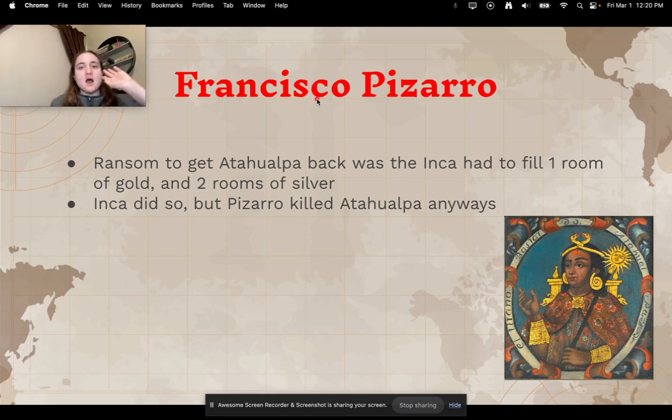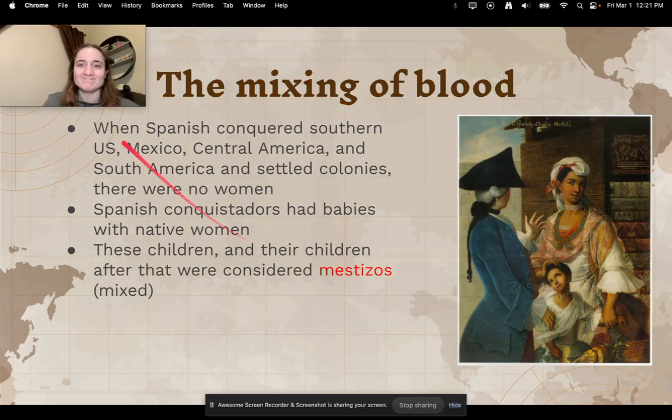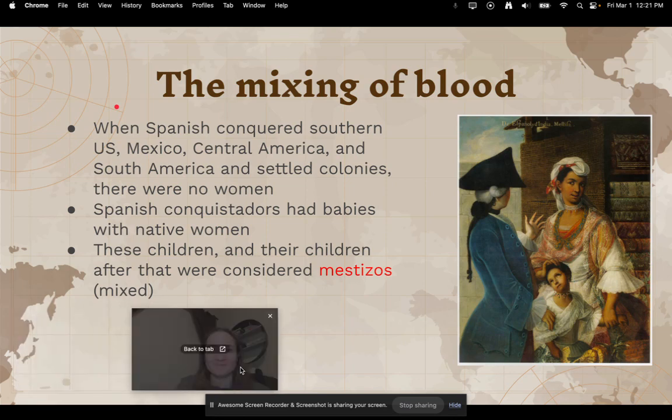We will fill a room of gold and 2 rooms of silver and just give us our emperor back. So that's what the Inca did. They filled 1 room of gold and 2 rooms of silver as ransom to get back their emperor. But Pizarro ended up killing Atahualpa anyways. Yeah, that's how brutal he was.